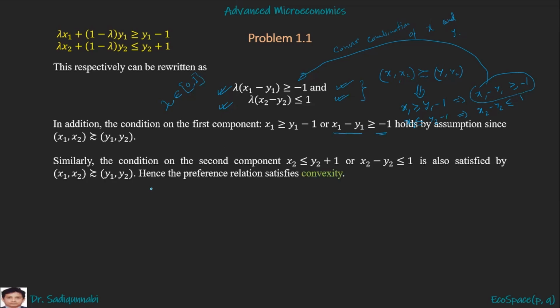Our final property of the reference relation, convexity, is satisfied here. So this ends our problem set 1.1. Let's move on to problem set 1.2.